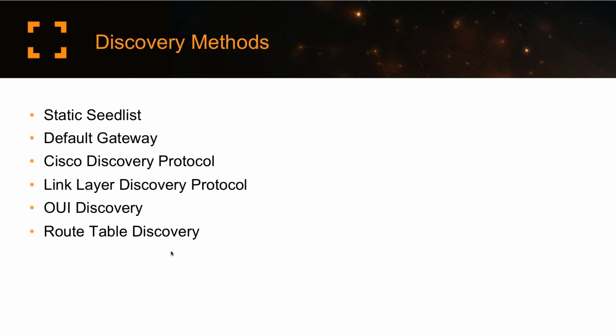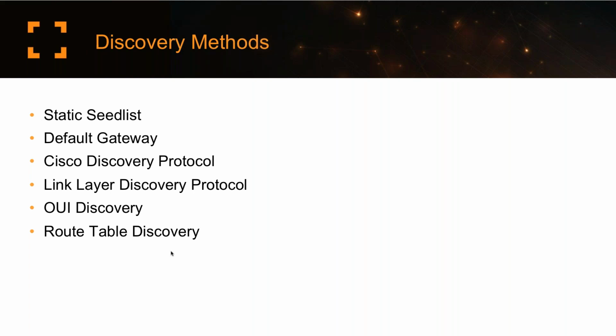And then if the seed list is not defined or it doesn't contain any entries, then NeDi attempts to locate the default gateway device for the GroundWork server and then uses that IP address as the implicit seed list. So by default, the following discovery methods are enabled for GroundWork for discovery. If needed, these discovery options can be turned off, but the level of detail from the discovery will be diminished.